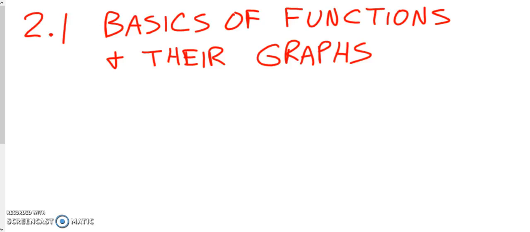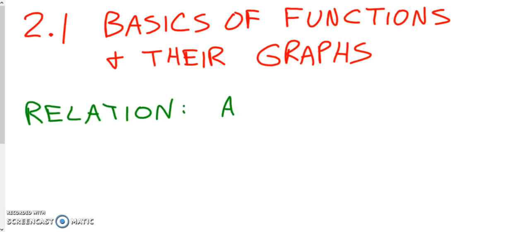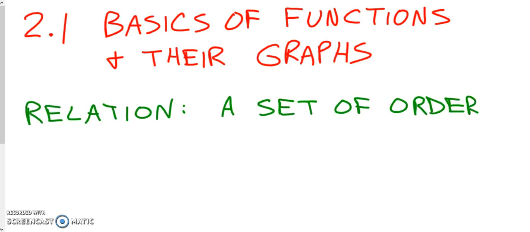All right. Basics of functions and their graphs. Enough babbling, let's talk about this. A relation is basically a set of ordered pairs. I think we've discussed this before.